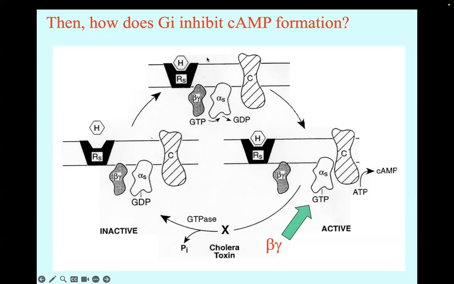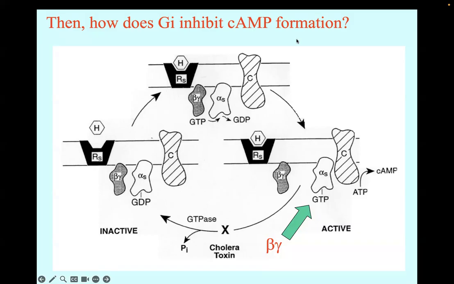Because you did not activate the same enzyme, adenylyl cyclase. So eventually beta gamma has a greater chance, what we call the equilibrium phenomenon, of hitting alpha S and taking it away from the effector, adenylyl cyclase, thus reassociating the protein and turning it off.